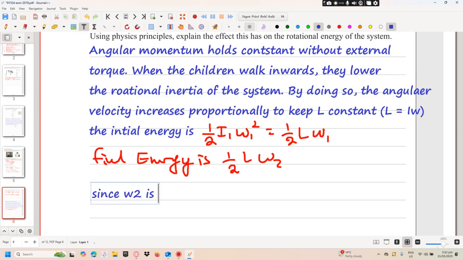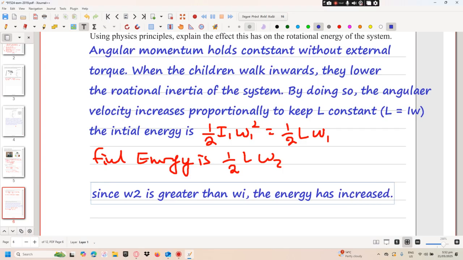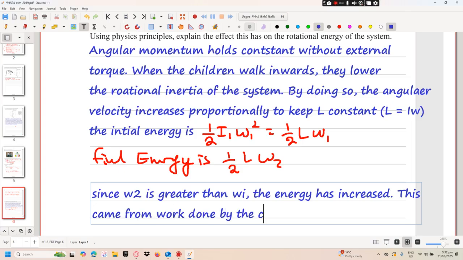Since W2 is greater than W1, the energy has increased. This came from work done by the children walking.